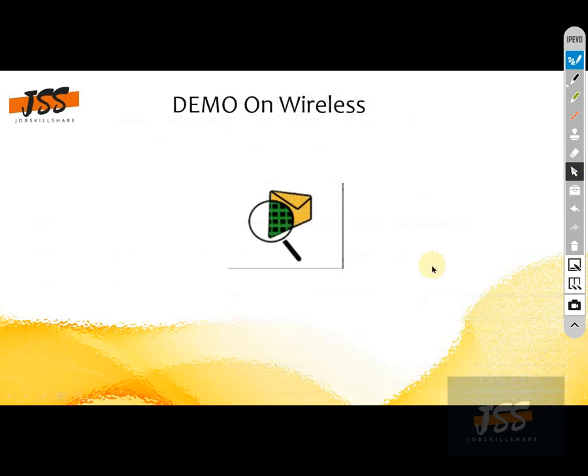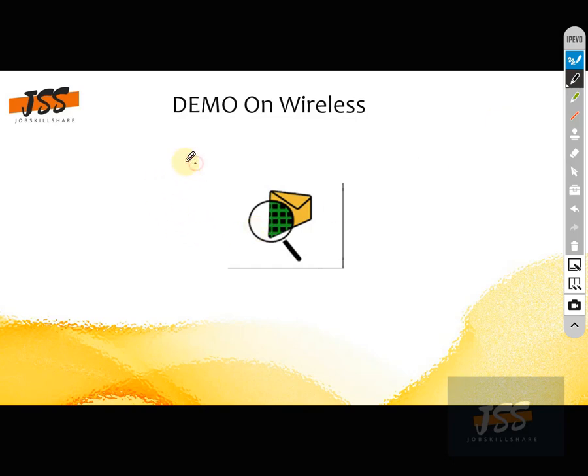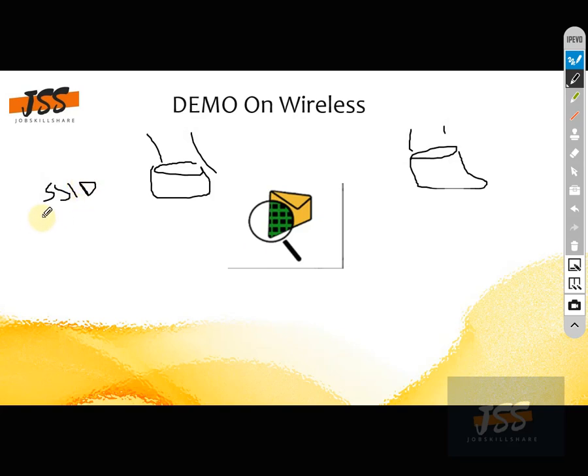So let's do a little demo on wireless, and through Packet Tracer I will walk you through the steps one by one. Basically we will configure 2 access points. We will give the same SSID with a name like JSS.